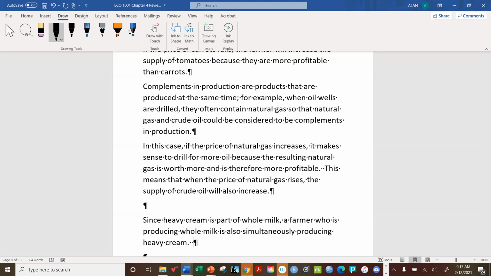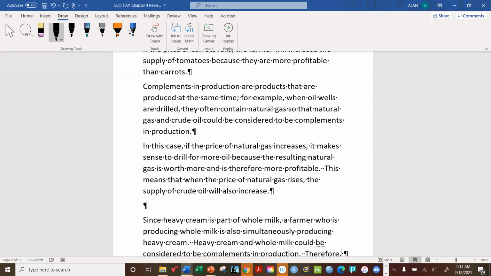It's already there. You just have to strip it off. You can put it in machines and they'll split it up into the component parts. So therefore, heavy cream and whole milk could be considered to be complements in production.